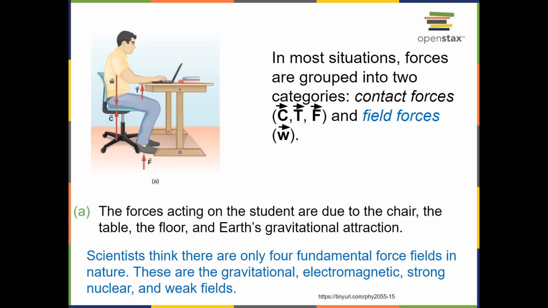Now for the weight, the gravitational force on you, you might not necessarily have to have contact with the earth. For example, if you are traveling on an airplane, your body is not in contact with the earth, because you are flying. But you still have gravitational force on you, so you still have weight. You still experience the gravitational force.